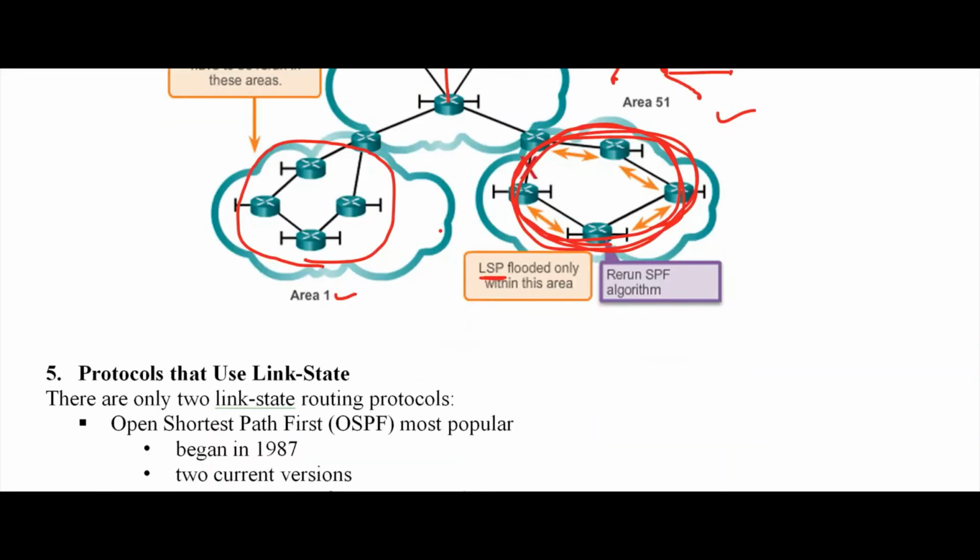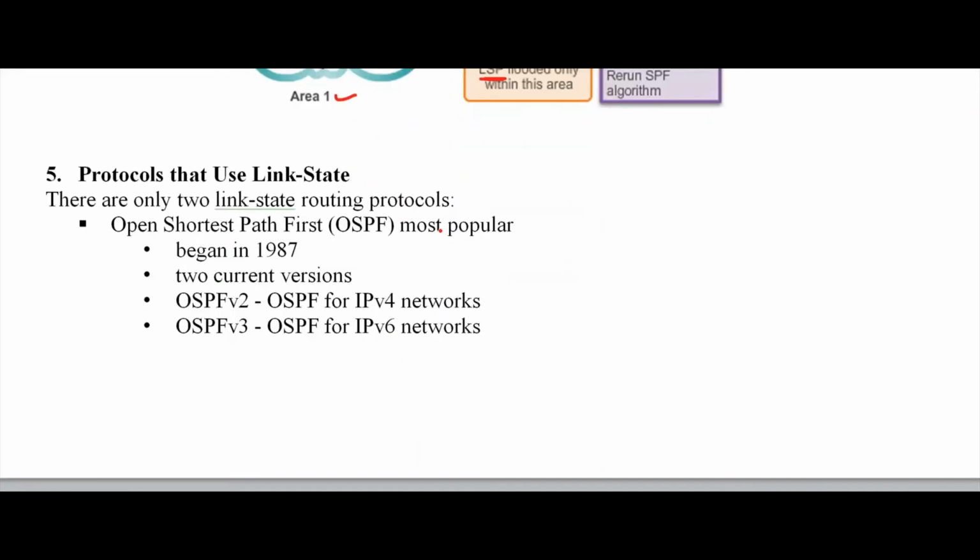Now I'm going to the next one: examples. If you go for link state routing protocols, the best example is OSPF, Open Shortest Path First.